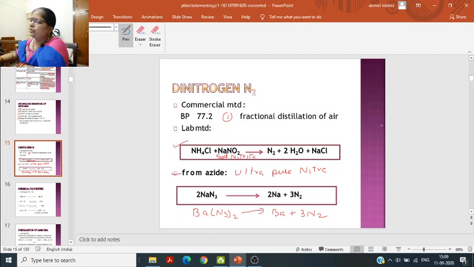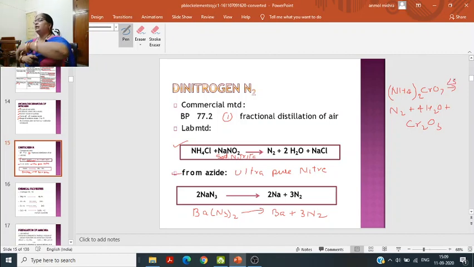There is one more method. If you heat ammonium dichromate, (NH4)2Cr2O7, this will also give you nitrogen plus water plus Cr2O3. Now this reaction is used to prepare an artificial volcano.